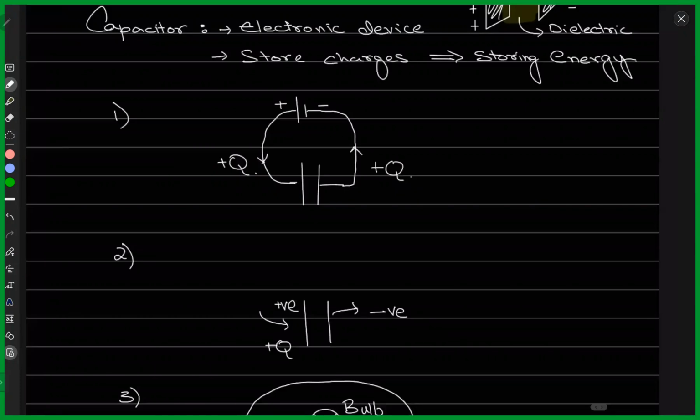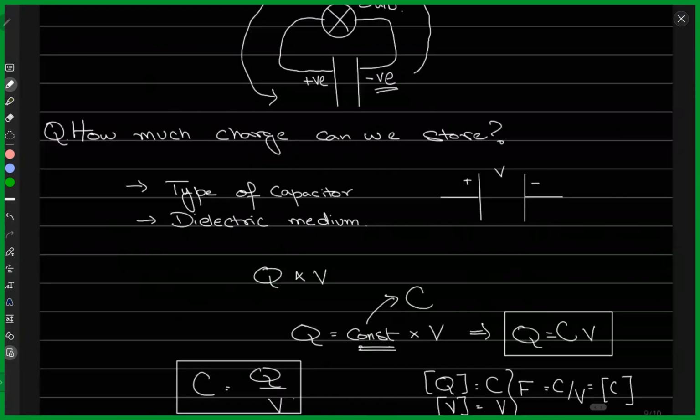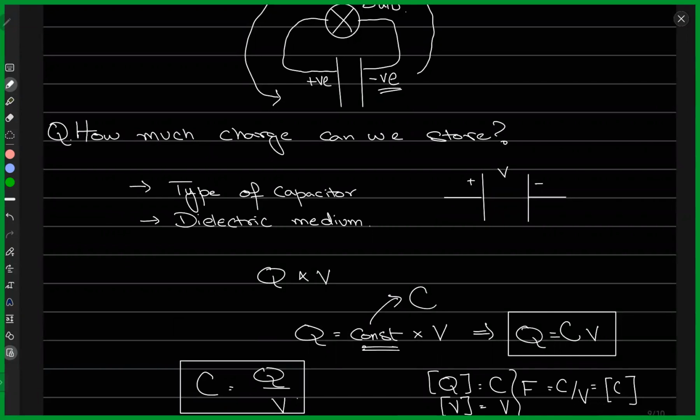As we saw, a farad is coulombs per volt, right? Which means that 1 farad is the capacitance of a conductor that is at unit potential when it carries a unit charge.